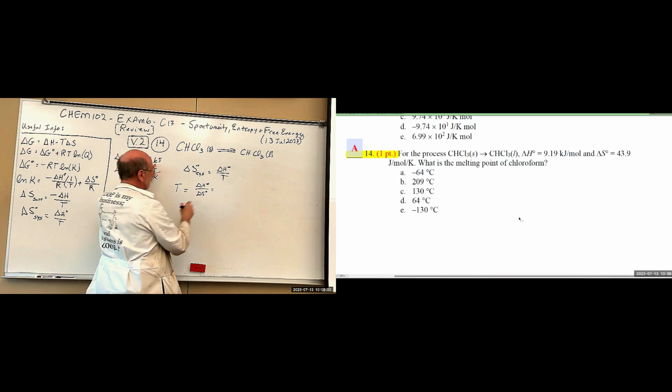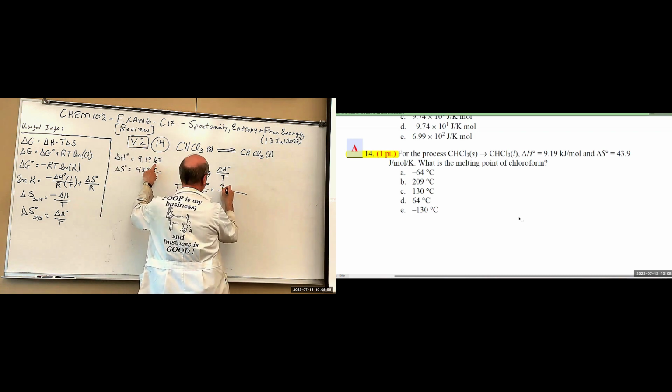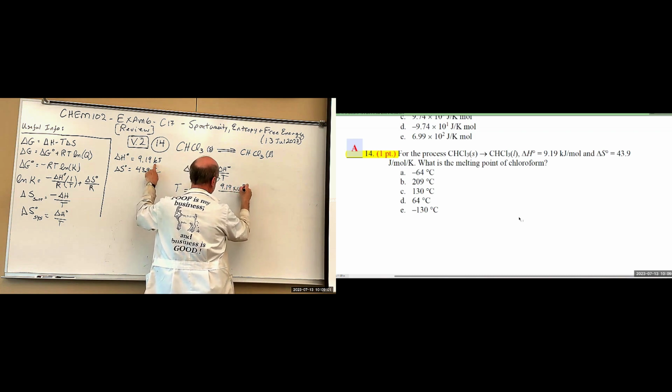So all we have to do is be sure our units are correct. This one needs to be changed to joules. So it's 9.19 times 10 to the third joules.